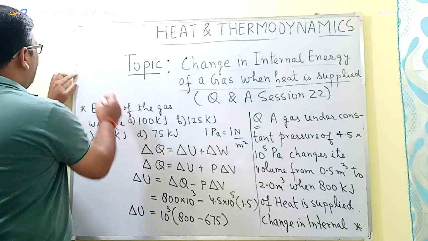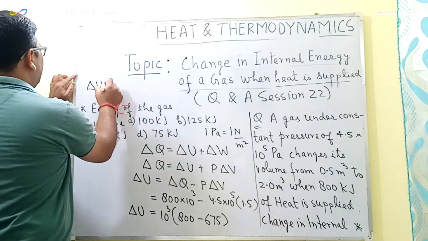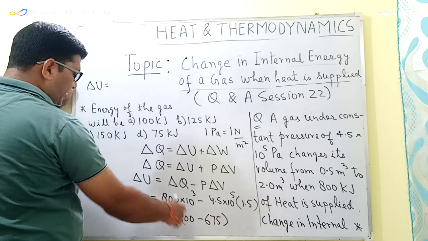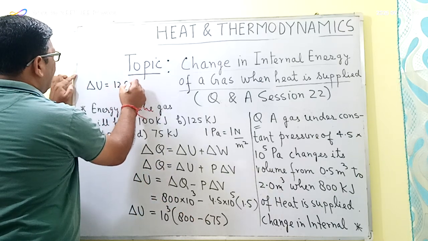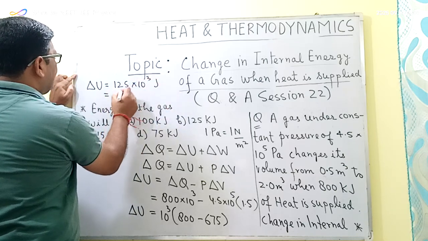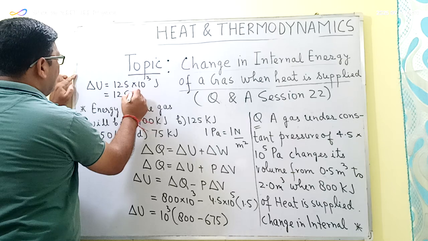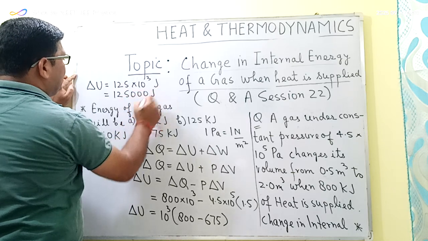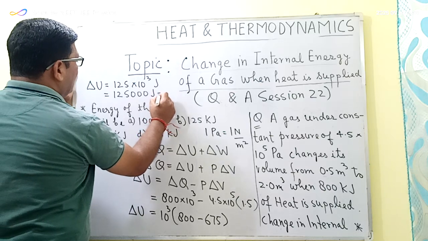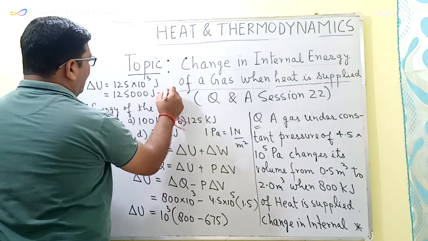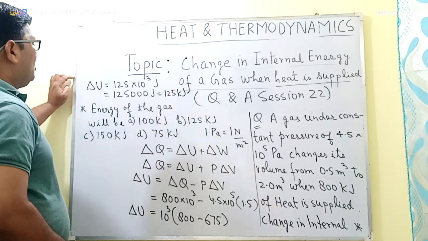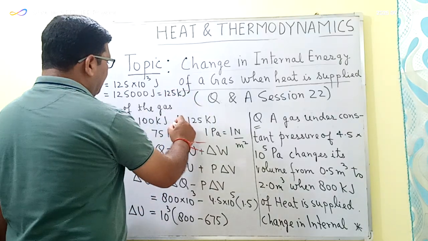So the change in the internal energy of this gas will be equal to 125 into 10 to the power 3 joules, which is equal to 125,000 joules, and in kilojoules this will be equal to 125 kilojoules. So the correct option here is B.